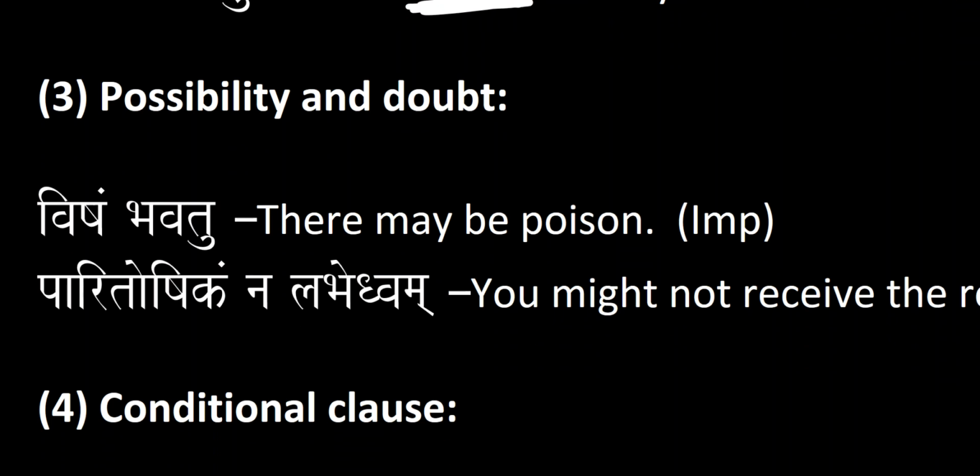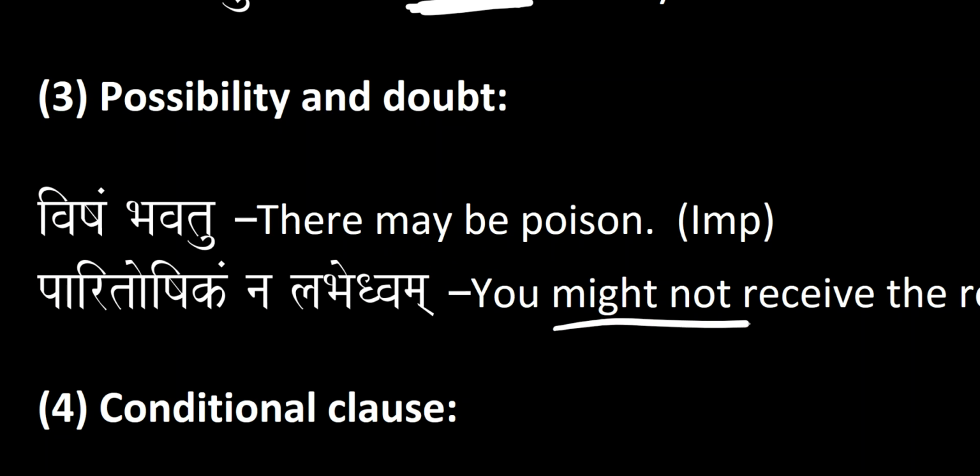Now, the following sentences go under possibility and doubt. So we have Visham bhavatu, there may be poison, maybe. So that is imperative. And then in the other sentence, you have paritoshikam na labhedhvam.